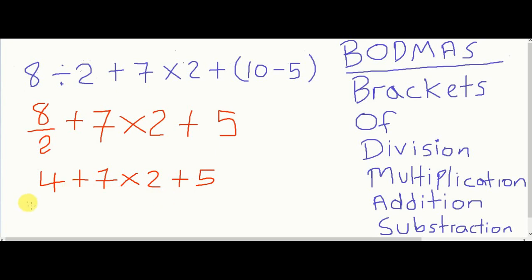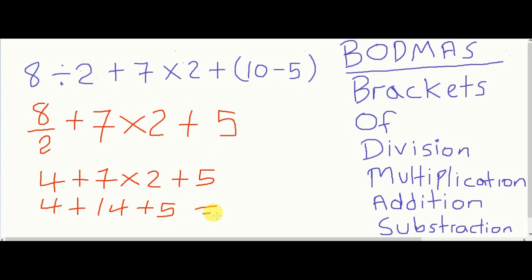So I am going to write 4 plus, so 7 times 2 is 14, plus 5. So 5 plus 14 is 19, plus 4 is 23.